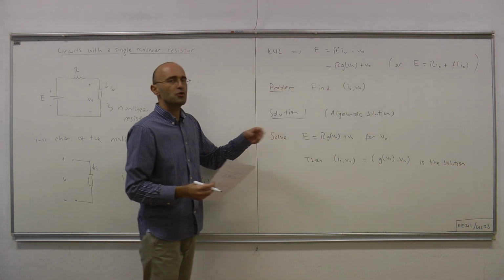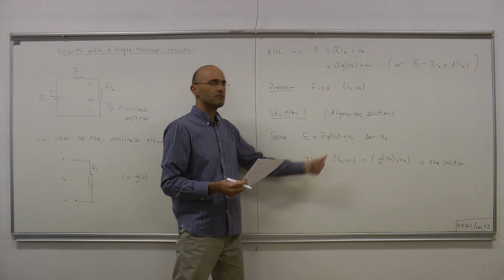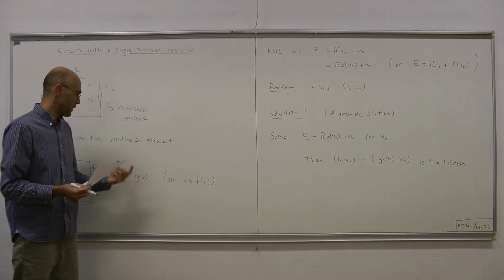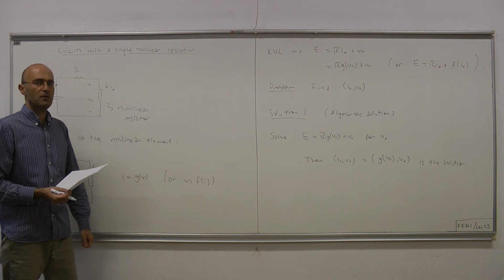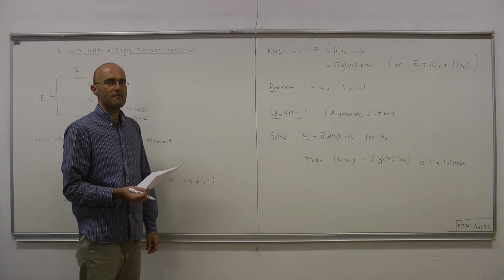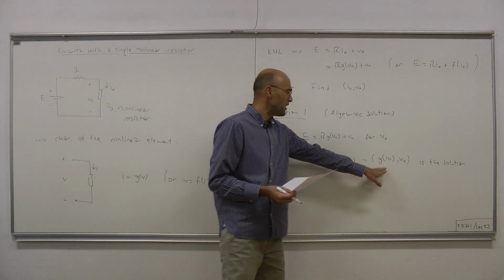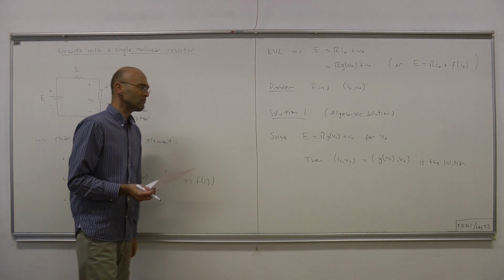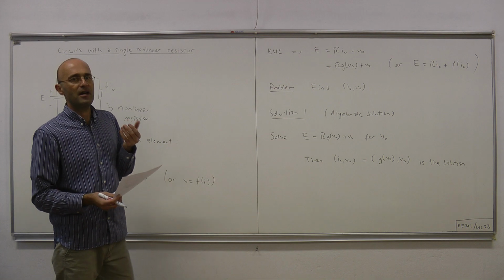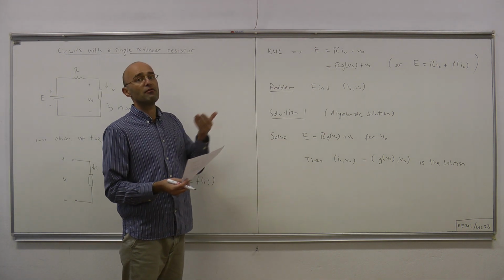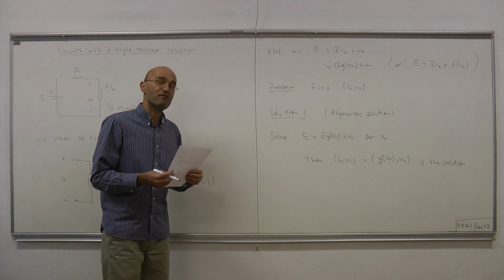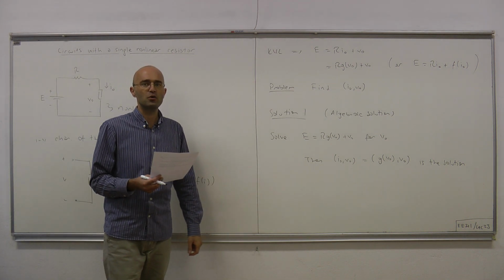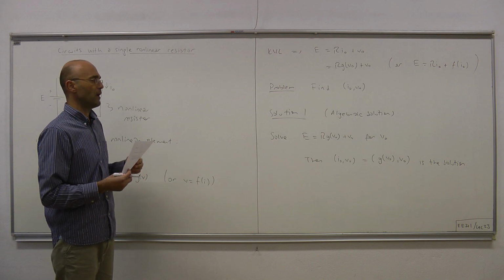Now this approach assumes that this function G, which characterizes the IV relation of the nonlinear resistor, is known. Sometimes it's not known as a function, but G is described as a collection of points, or we know what G is in a graphical way. In that case, we have to use the graphical approach to figure out the operating point.